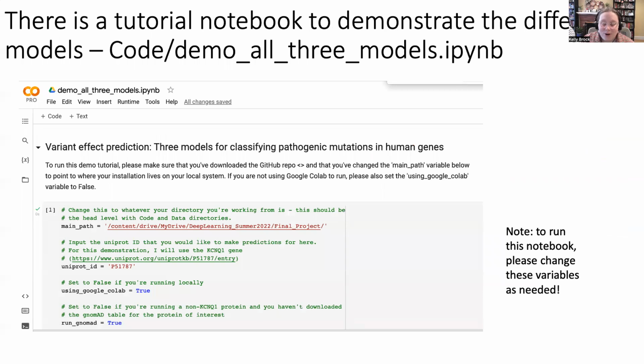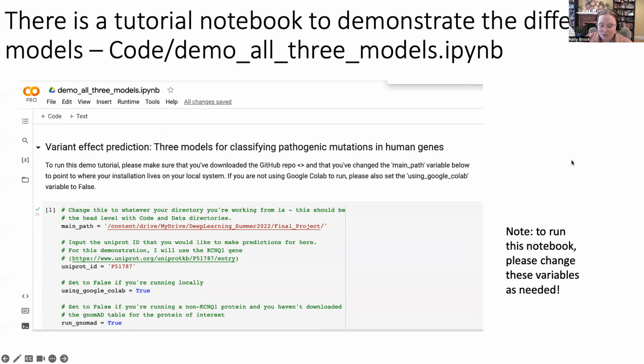All right, so I've already trained my models, and the code for that can be found in the code I'm submitting along with the write-up. There's also a tutorial notebook that should be your entry point into these models, called demo all three models.ipynb. I'm showing a screen cap here because this is the part I want to highlight.